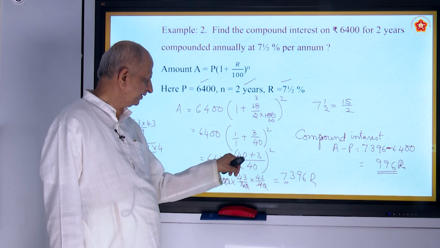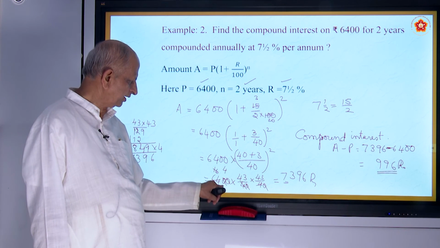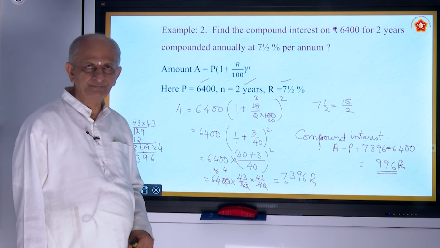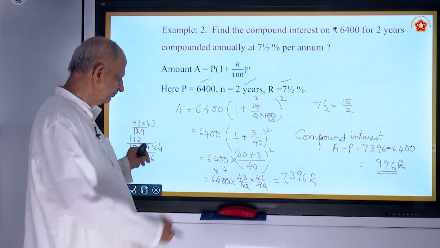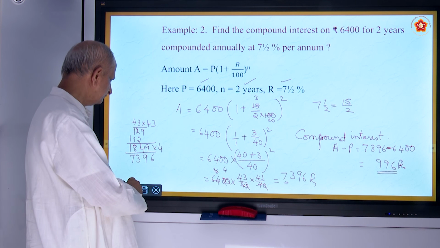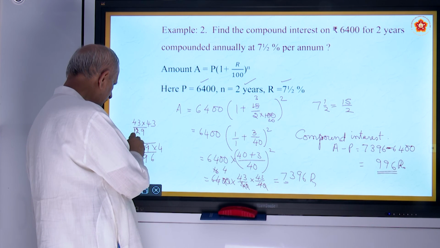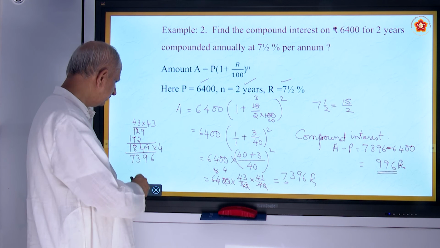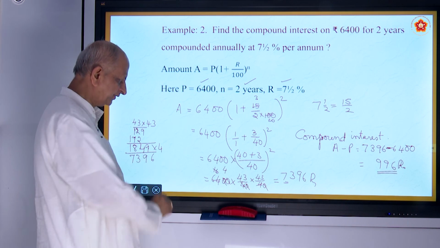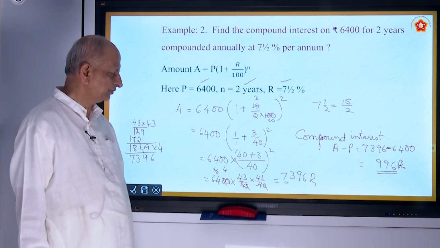Take LCM, (40 plus 3 by 40) squared. So 6,400 into 43 by 40 into 43 by 40. If you multiply 43 into 43, you get 1849. So small change. So here 1849 into 4 comes to 7396. So 7396 is the amount.